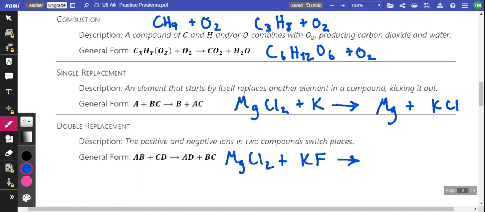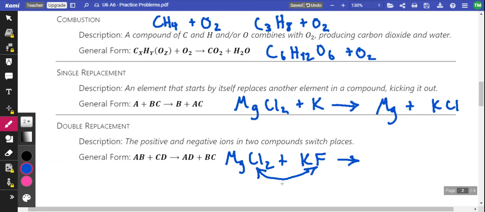Okay, in this setup, Mg is my positive thing, and chlorine, Cl, is my negative thing. Potassium, K, is my positive thing. My fluorine, F, is my negative thing. So I'm going to either switch the positives, or I can switch the negatives.